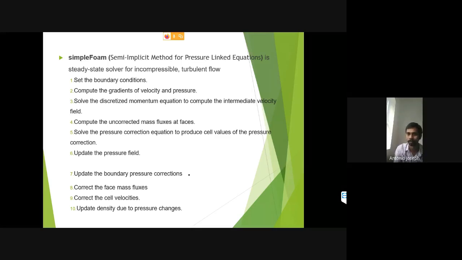In the case of pisoFoam, it can be turbulent, unsteady, and non-Newtonian also. In the case of simpleFoam, it can be used for turbulent, incompressible flow, and it should be steady. So keep this in mind while giving the boundary conditions and all. We need to choose the apt solver for that particular case.